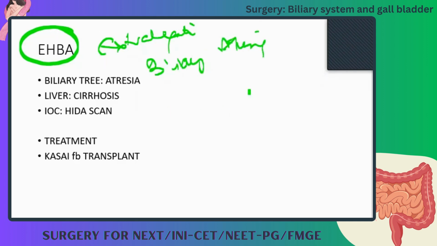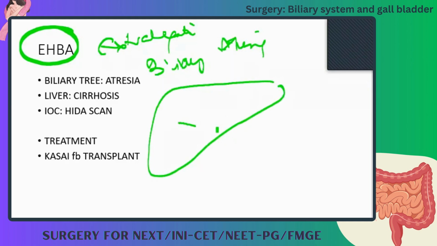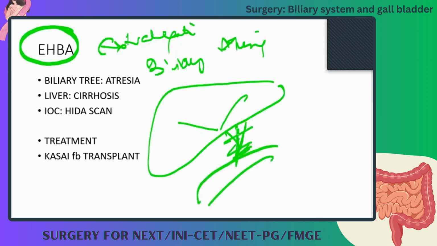It is another problem where the liver is there. Intrahepatic portions are okay, but extrahepatic portions are atretic in these newborn kids. So what you do is excise this completely and directly anastomose the liver to the intestine. That is portoenterostomy. Is it okay now?